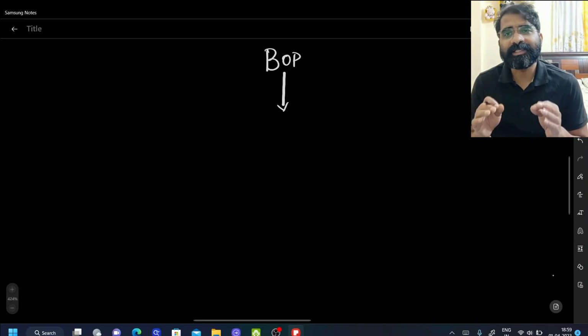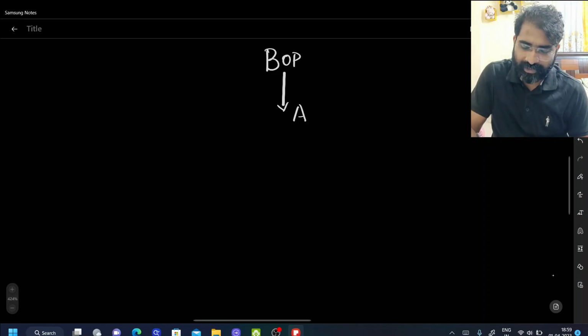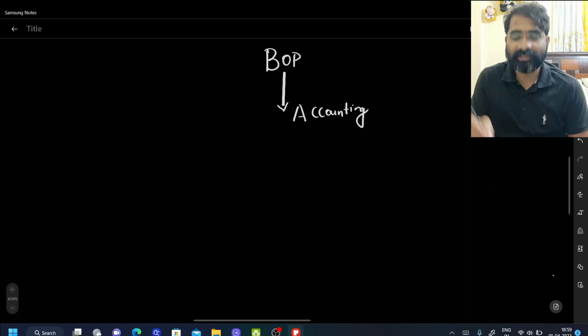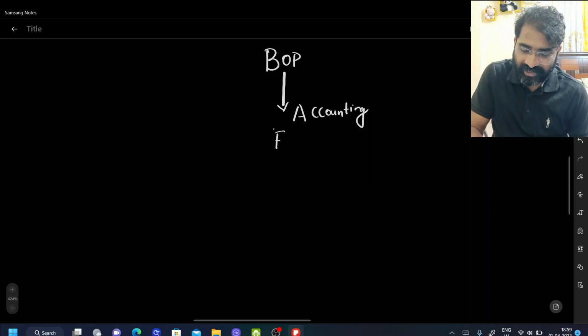Balance of payment is basically an accounting statement. It is an accounting statement which records details of economic transactions. What becomes important is whose economic transactions it records.